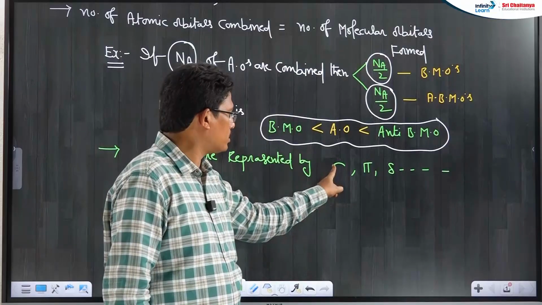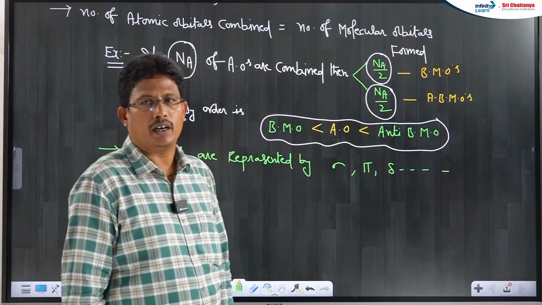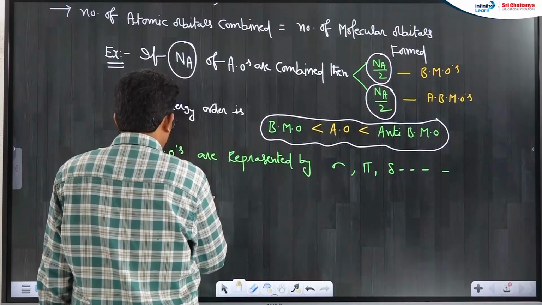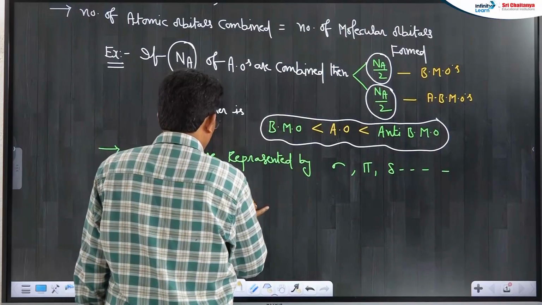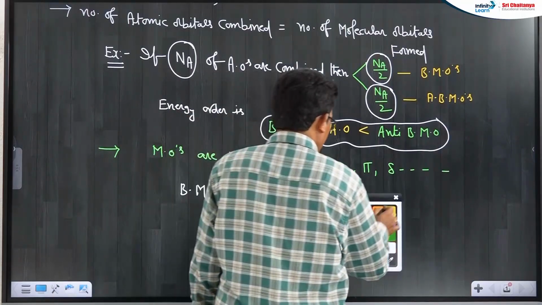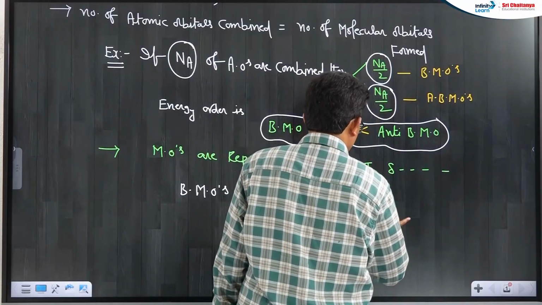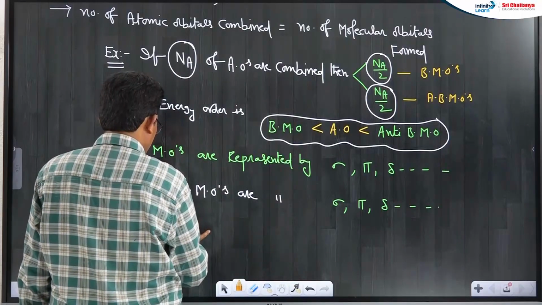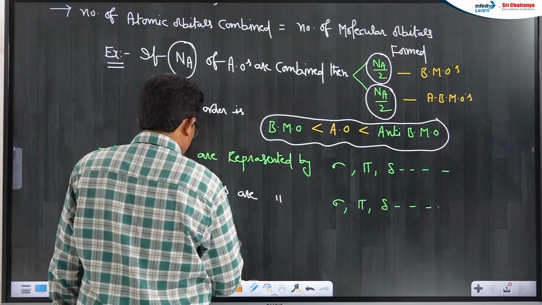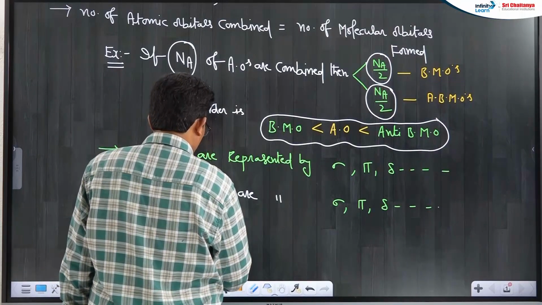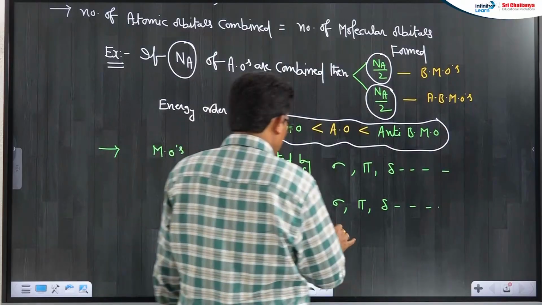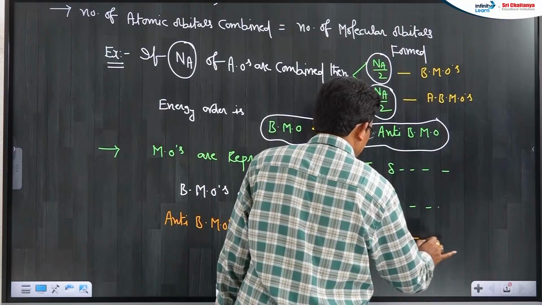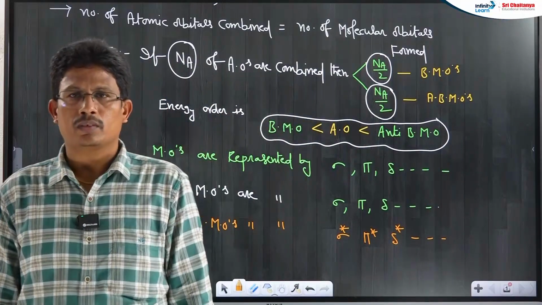They are represented like this: sigma, pi and delta. Bonding molecular orbitals are represented by sigma, pi, delta. Anti-bonding molecular orbitals are represented by using star sigma, star pi, star delta, like that.